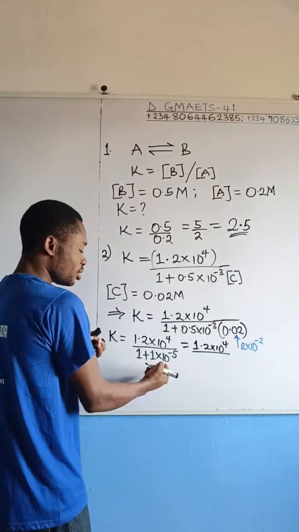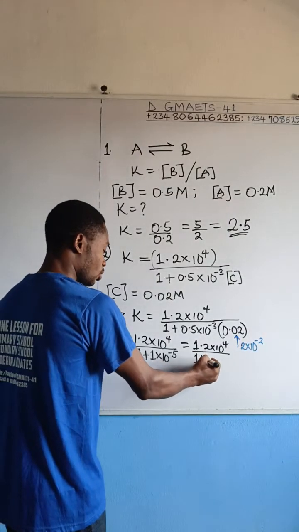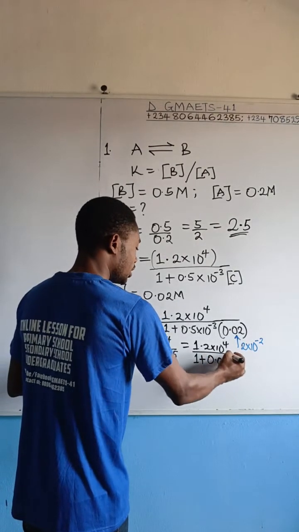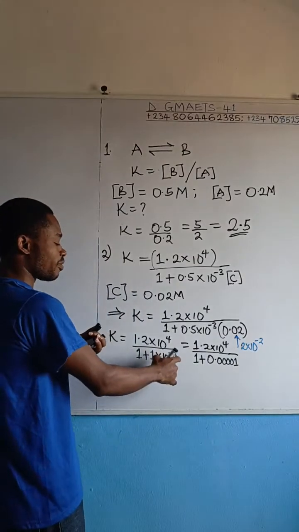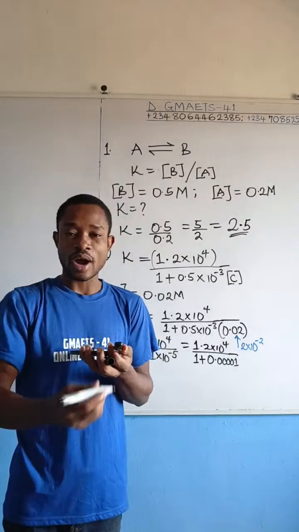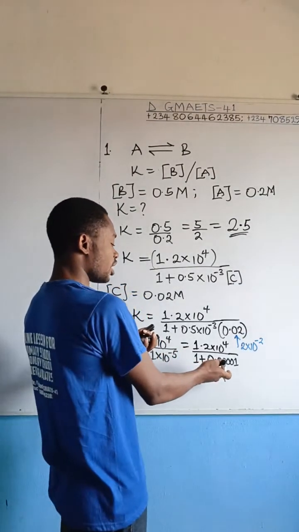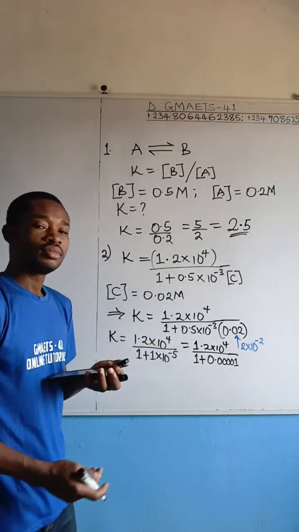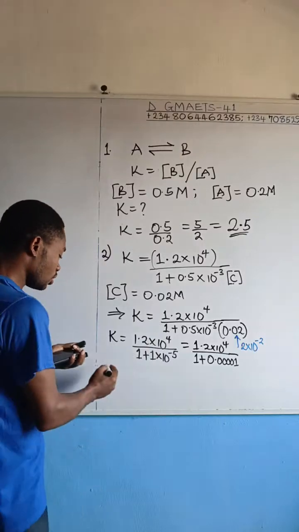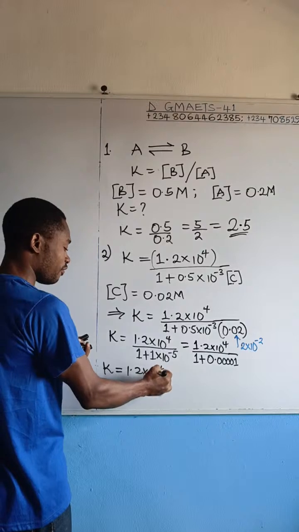Let me show the working still. 1 times 10 to the power of minus 5 is simply dividing 1 by 10 to the power of 5. That's the meaning. So if you add this up, you would get something like 1.00001.